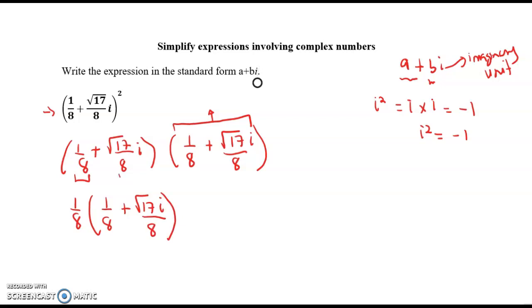Then you take the second term, plus square root of 17i/8, and you multiply by the terms you have in the second expression, 1/8 plus square root of 17i/8.